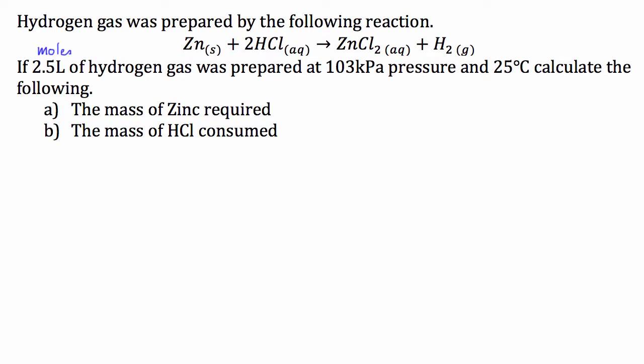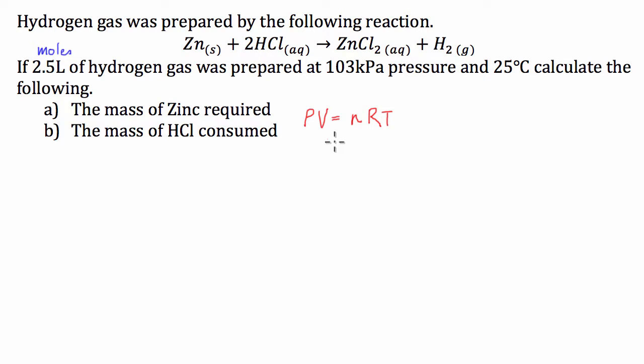So the ideal gas law yields the relationship: the pressure of the gas times the volume of the gas is equal to the number of moles of the gas times some gas constant times the temperature in Kelvin.